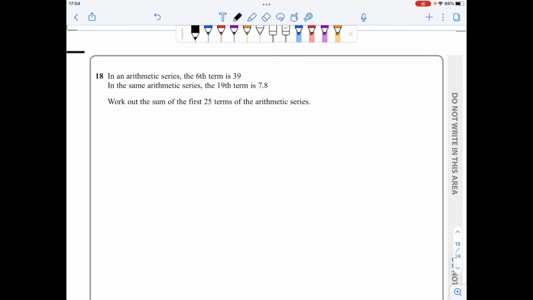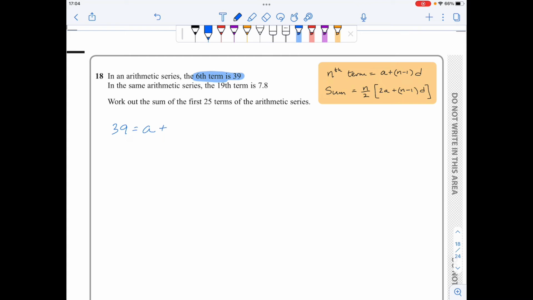In question 18, I will need the following two formulae for arithmetic series: the nth term and the sum of the first n terms. Now I'm given two pieces of information. I'm given that the sixth term is equal to 39, so 39 equals a plus 6 minus 1 d, which means that 39 is equal to a plus 5d.